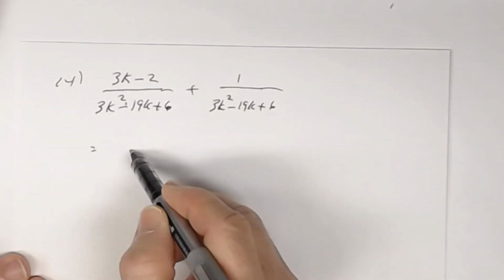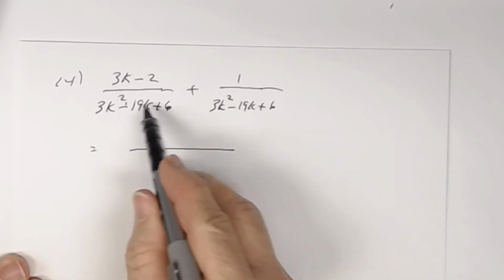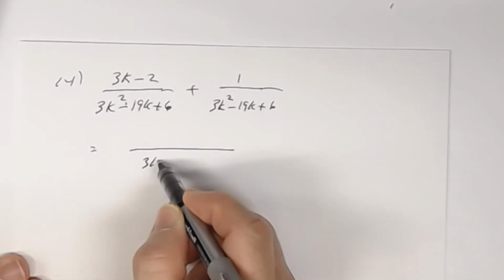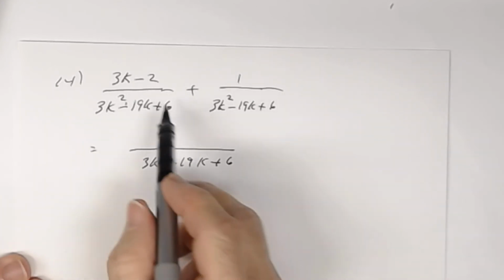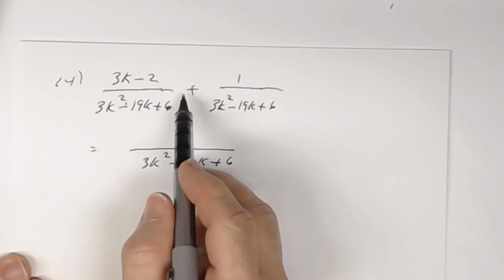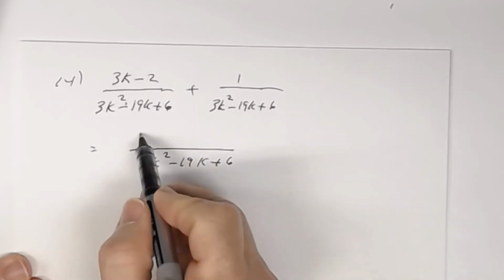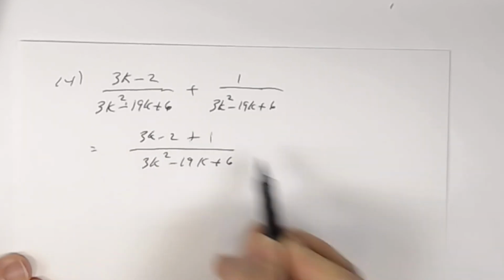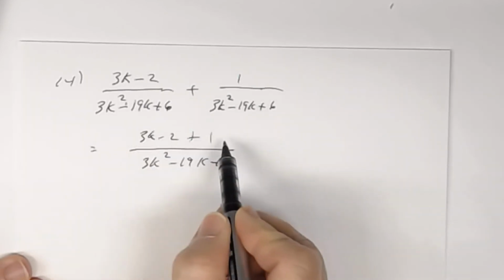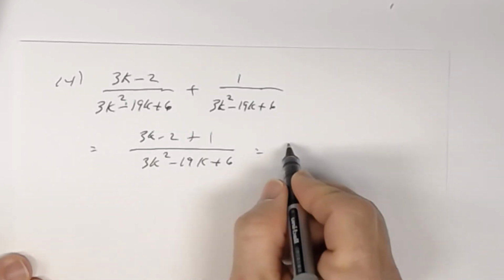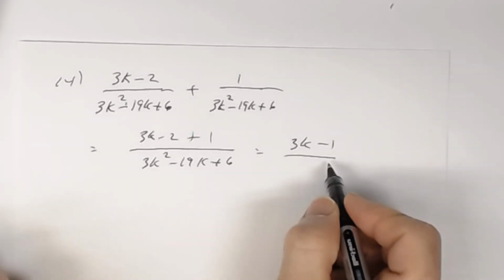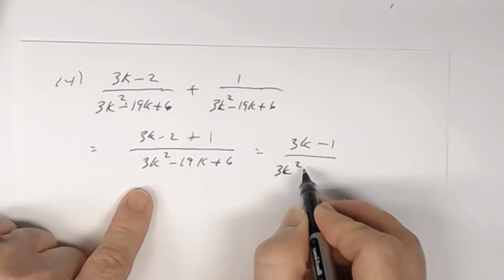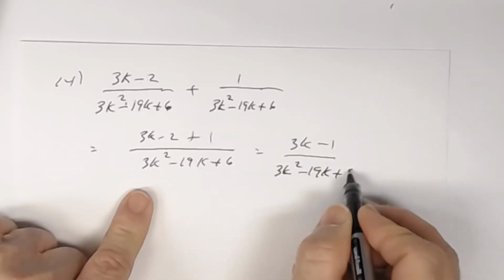And so therefore I can write this as one rational expression with that denominator. So my denominator is 3k squared minus 19k plus 6. Now you're adding, so that's the easy kind. So this becomes 3k minus 2 plus 1. Now going ahead and combining like terms in the numerator, I get 3k, a negative 2 plus 1 is a negative 1. And the denominator, I get 3k squared minus 19k plus 6.